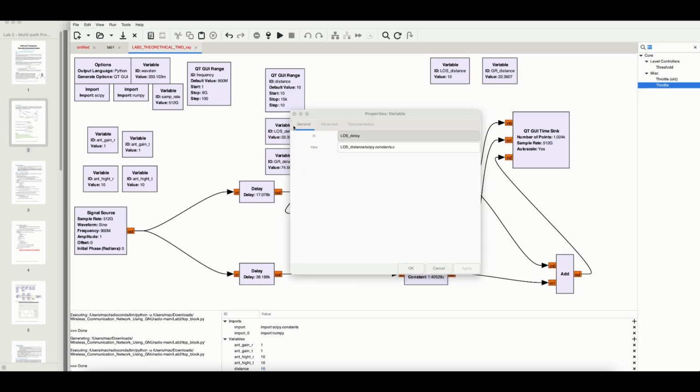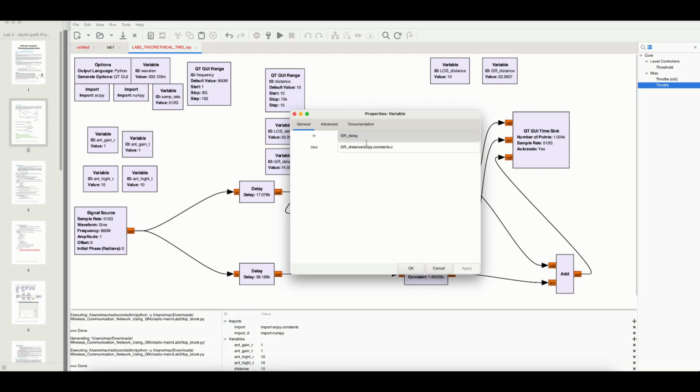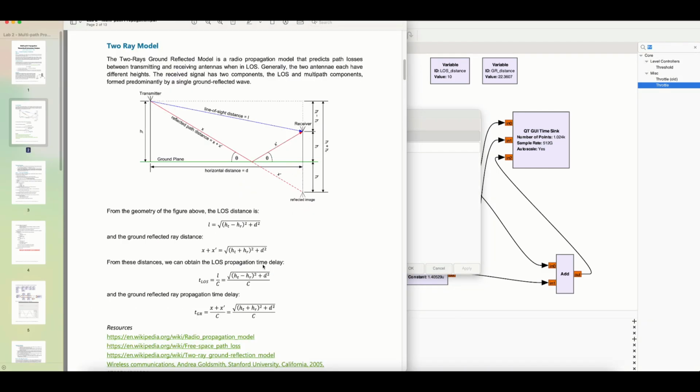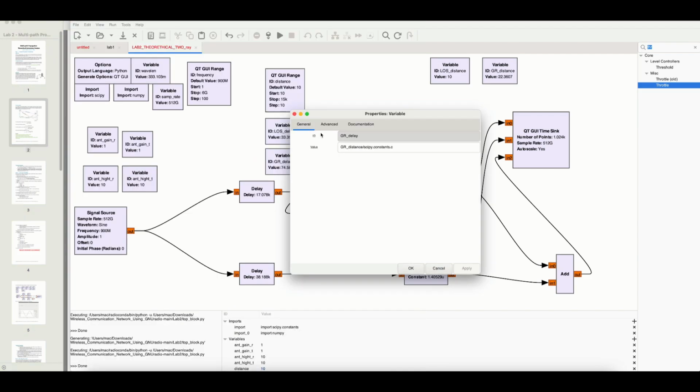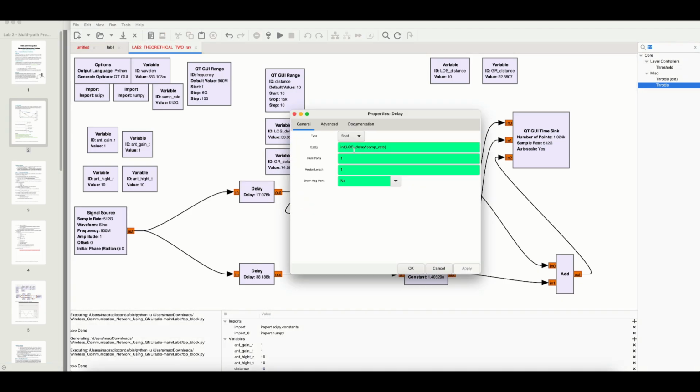All right. Now same thing for your ground reflected distance. If you were to look at it, this is going to be GR distance divided by speed of light as per our equation, which is this. All right, time delay. So once these two things are done, these are just being called here, and line of sight delay times SAMP rate. Why? Because I want to get an integer value, that's why I'm multiplying it and have an int value.